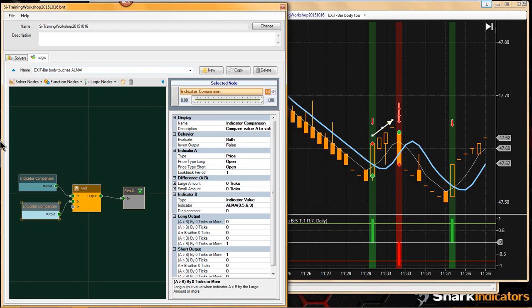Okay, so Mark has added a little clarification to his question. Mark's goal is to close the trade before having to wait for a reversal candle to close. So Mark, if you want to get out of the trade before the candle closes, then that actually is a stop.